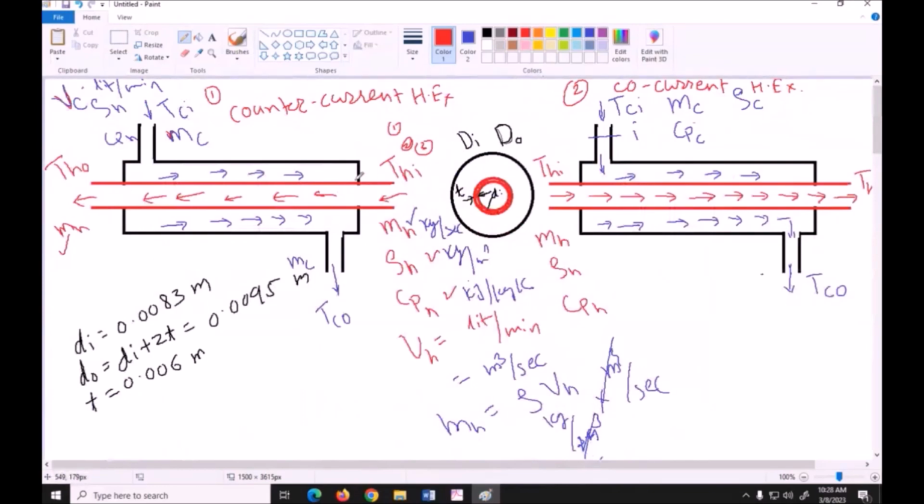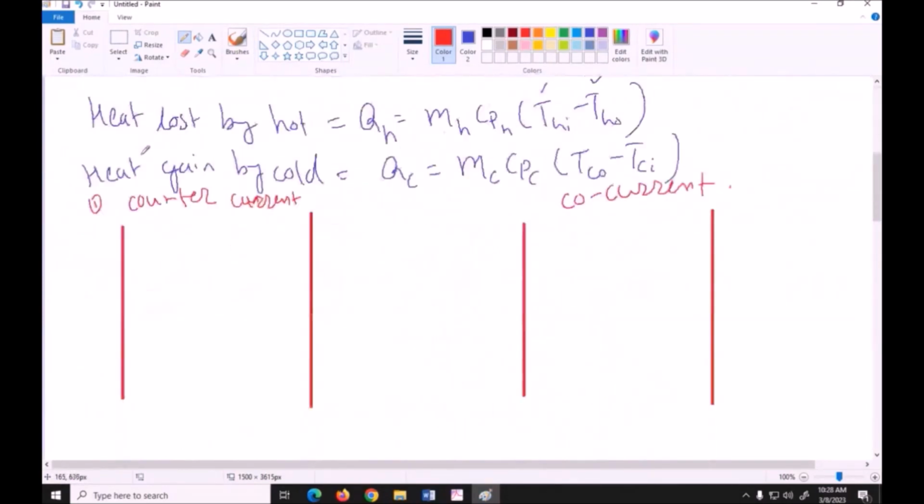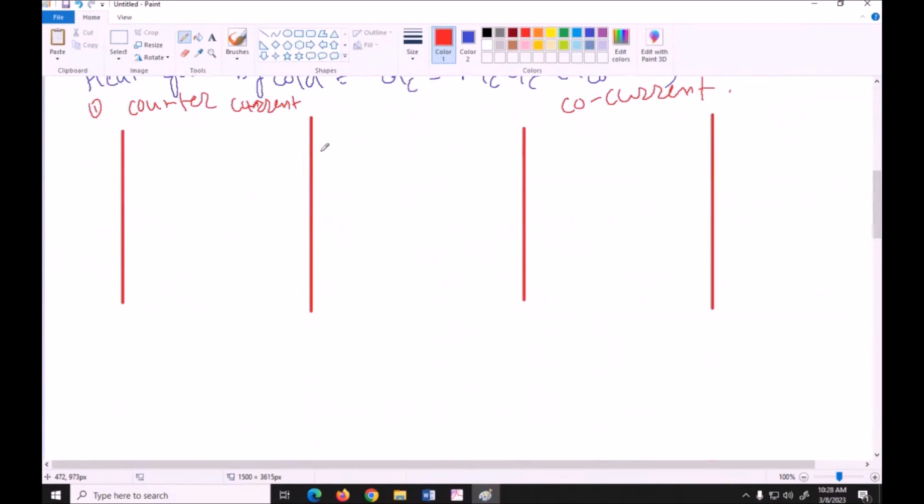From this side hot water is entering, and from this side cold water is entering. Hot water enters here at the highest temperature, THI. Its temperature decreases in this direction and we get THO. The cold water enters at TCI, its temperature increases, and here you get TCO. So this is called a counter current operation.